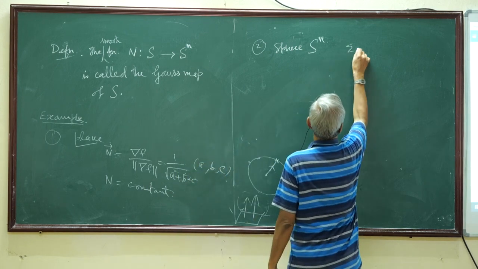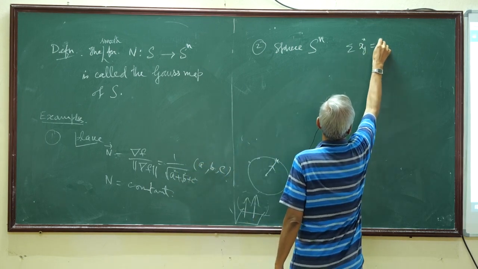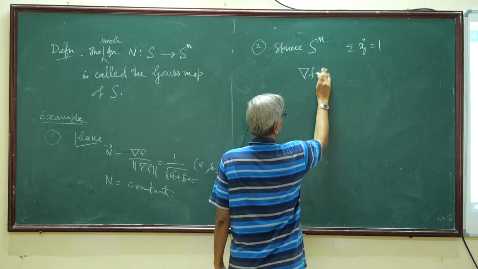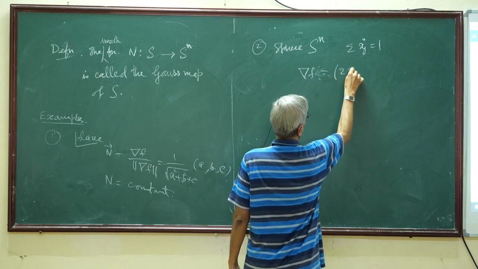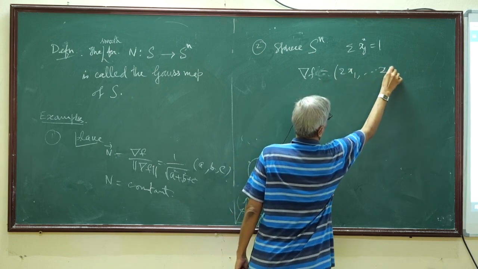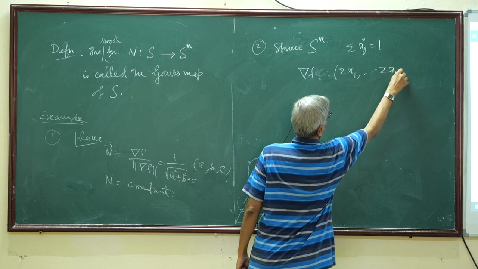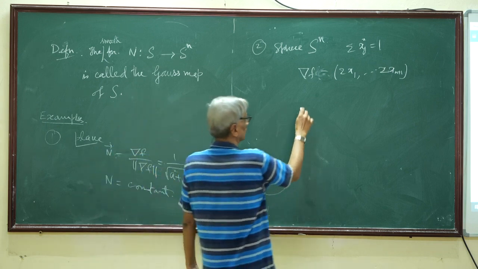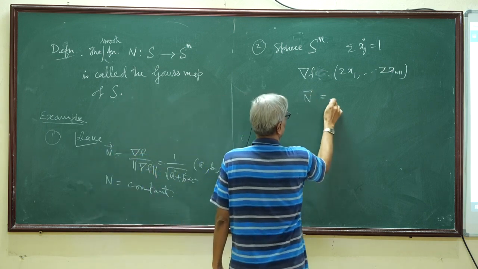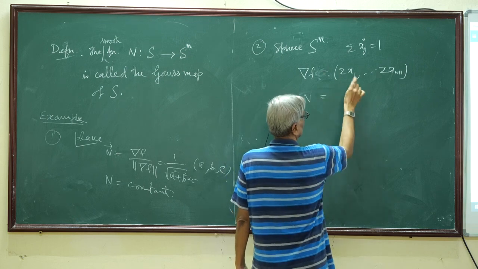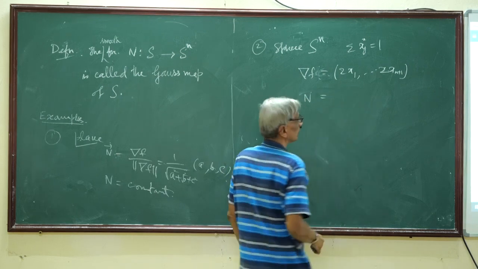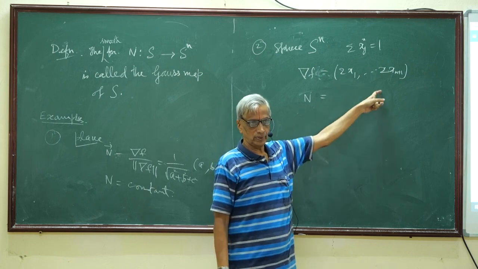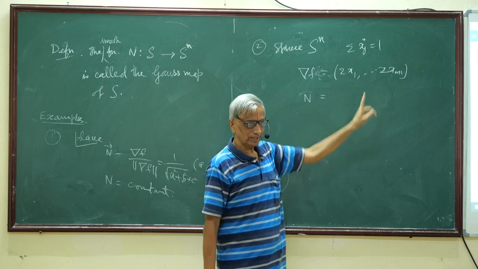So this is... right. So n is what? Norm of this, square root of 4x1 square and so on. So 2, this 2 will cancel off.